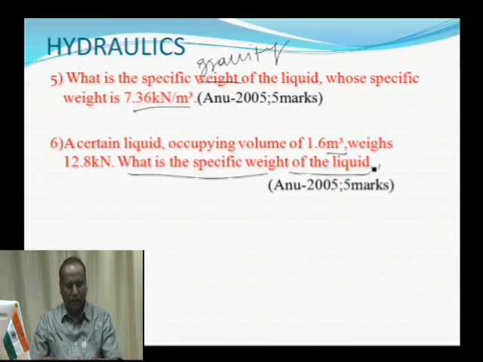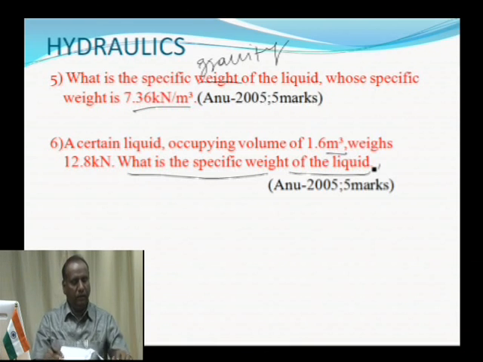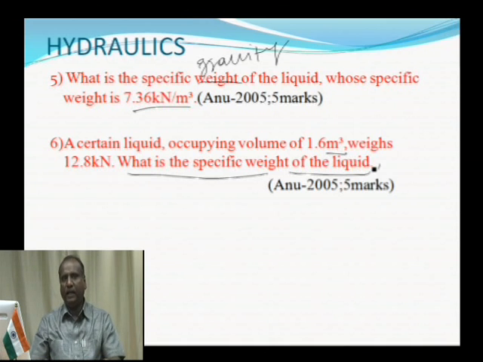Gases are fluids which can be compressed or expanded on the application of pressure and temperature. The fluids may be classified into different types: ideal fluid, real fluid, Newtonian fluid and non-Newtonian fluid.